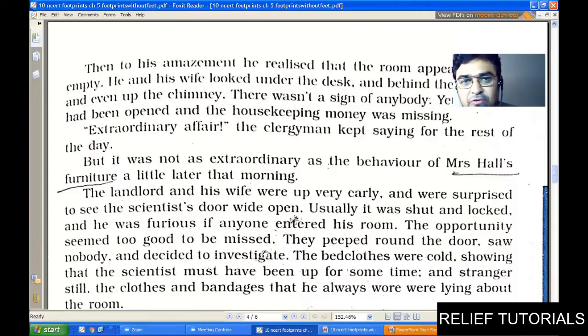Usually it was shut and locked, and he was furious if anyone entered the room. Now they found the opportunity too good to be missed. So they peeped round the door, saw nobody, and decided to investigate what he was doing inside the room.